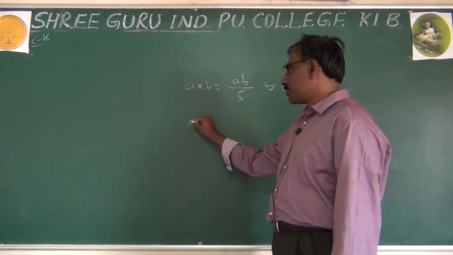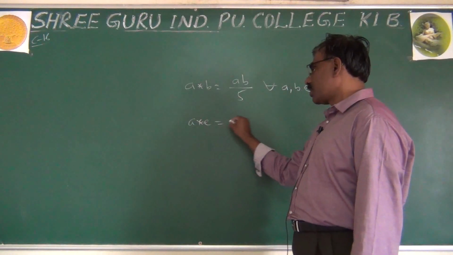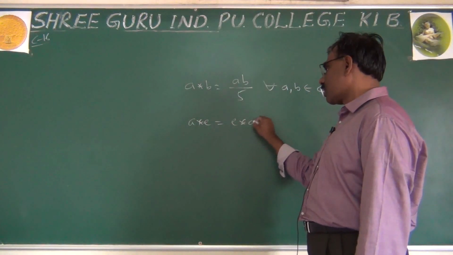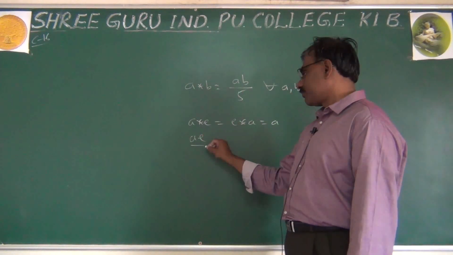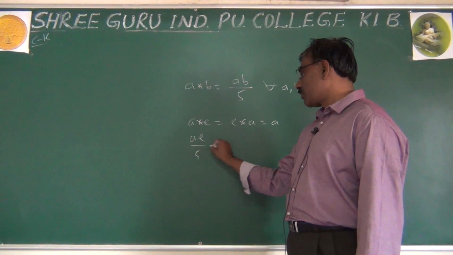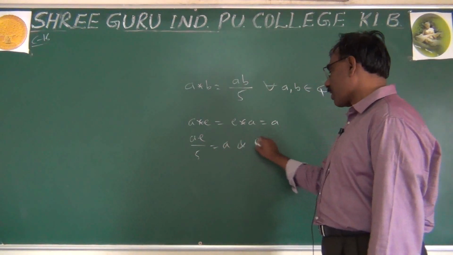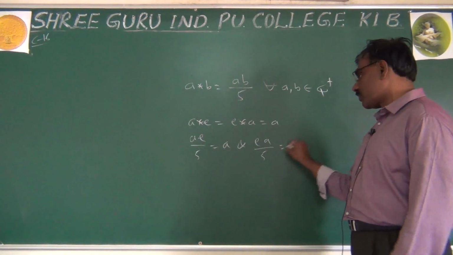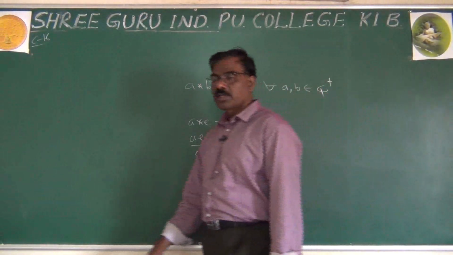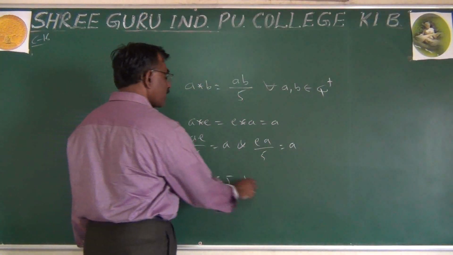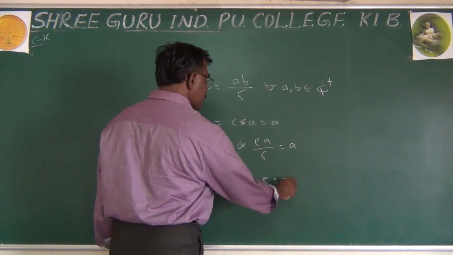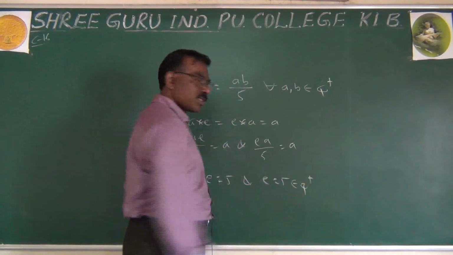Identity is very simple: A star E equals AE by 5 equals A, and E star A equals EA by 5 equals A. Cancel A, so E equals 5 in both cases, and it must belong to Q plus.